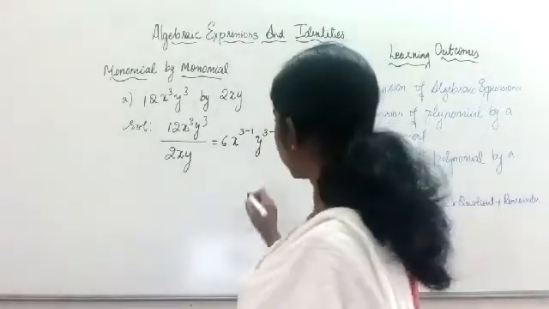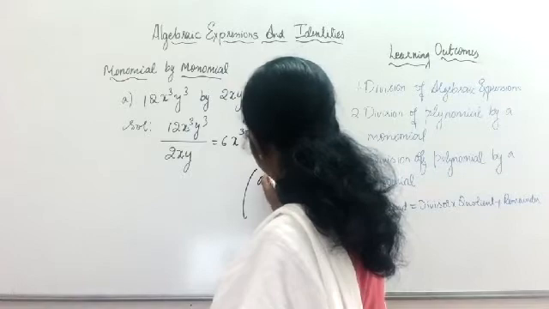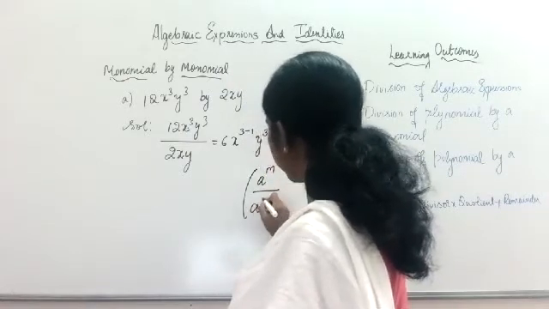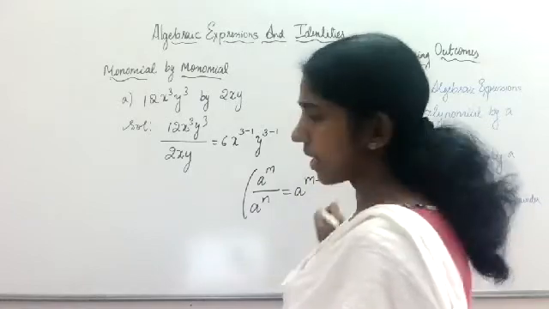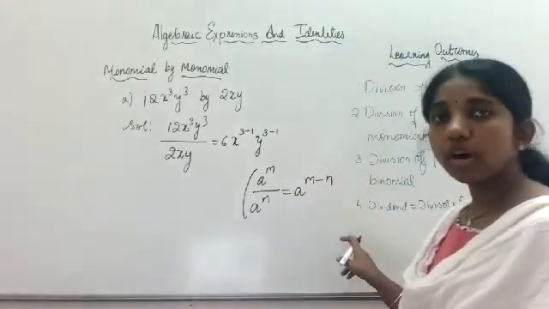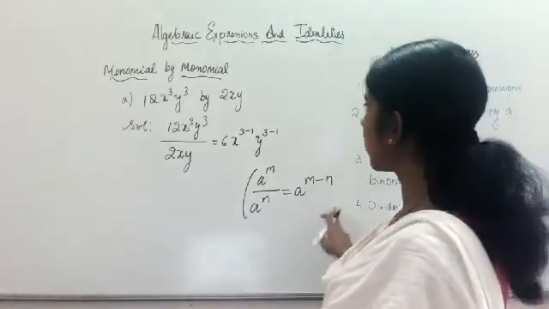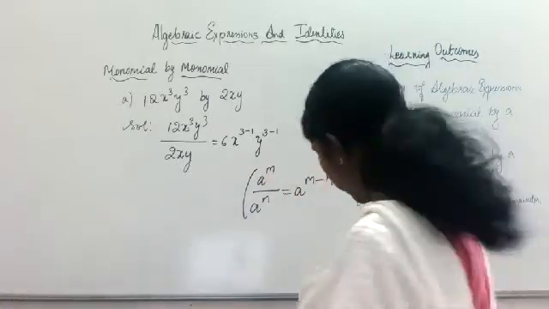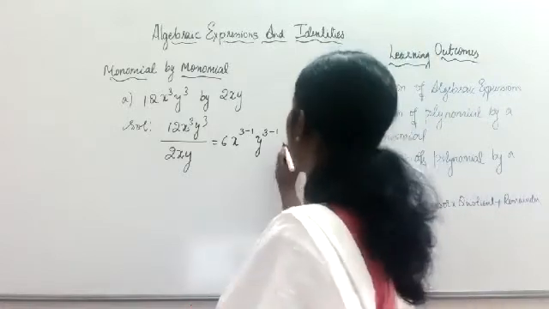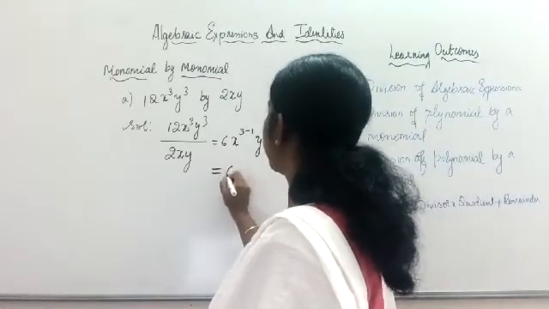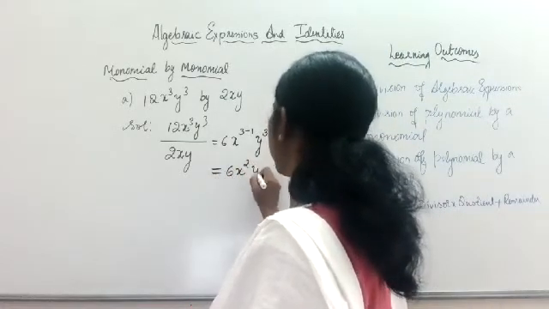What does the law of exponents say? a to the power m divided by a to the power n is equal to a to the power m minus n. Using this concept, I have done the simplification, so this will be equal to 6x square y square.